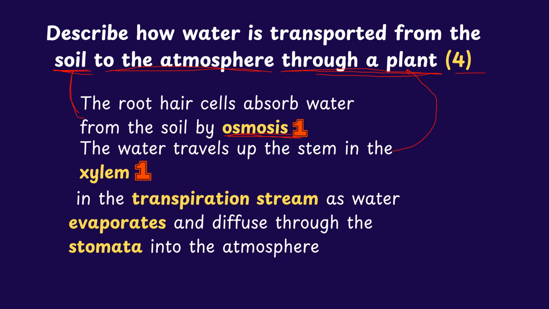It says the water travels up the stem in the xylem in the transpiration stream as water evaporates and diffuses through the stomata. Right, so the water evaporates and it leaves to enter the atmosphere through the stomata. Remember, the stomata would be the pores or the holes that are found on the leaves. All right, and that's 1 mark there and 1 mark there, and that's your 4 marks.